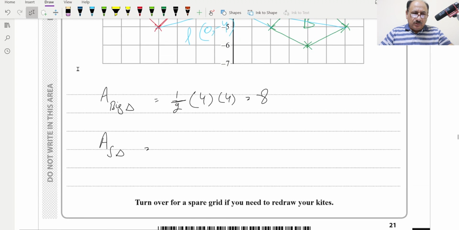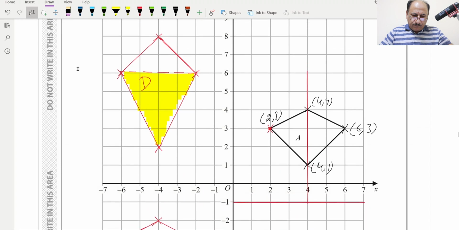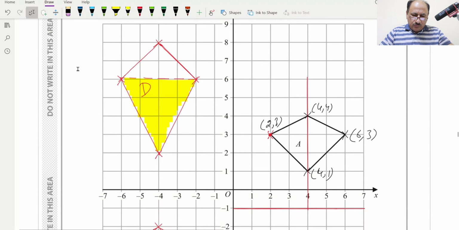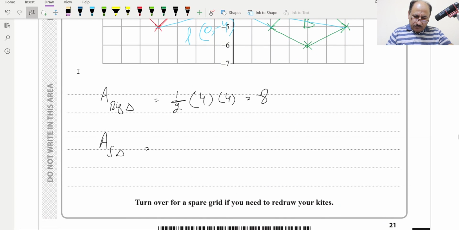And area of the small triangle will be equal to what? 1/2 into 4 into 2. So 1/2 into 4 into 2, this will be cancelled, so 4.